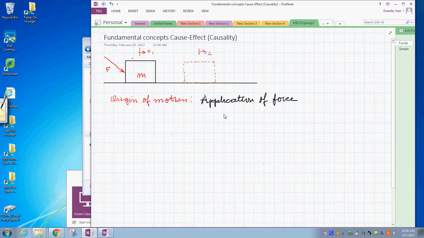Okay, so this one we could call the cause. And what would be the result of this application of this force? You would say the result is motion of mass.